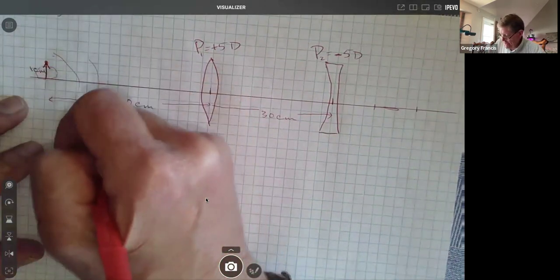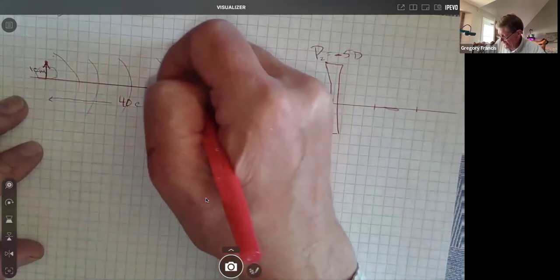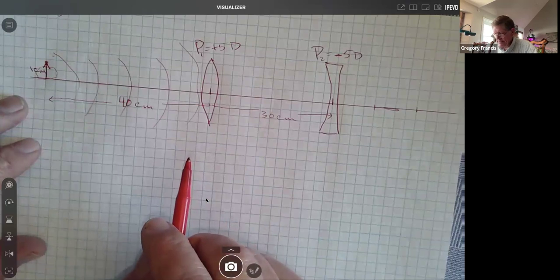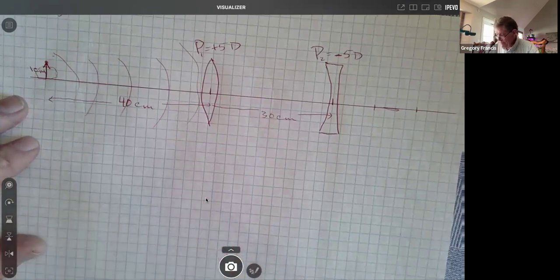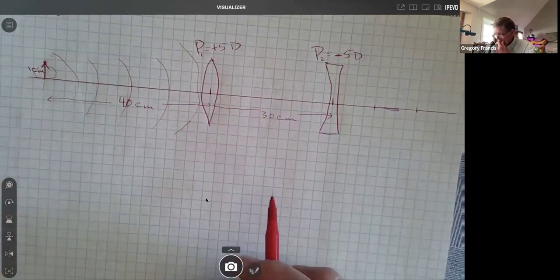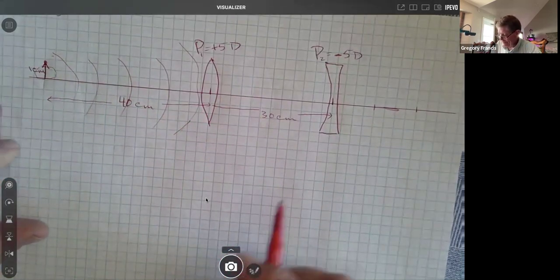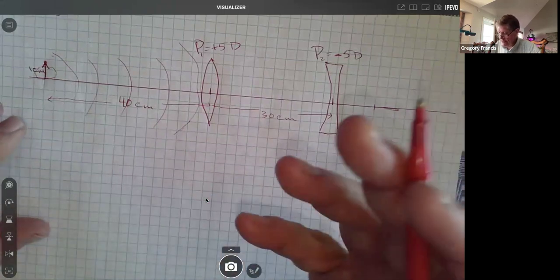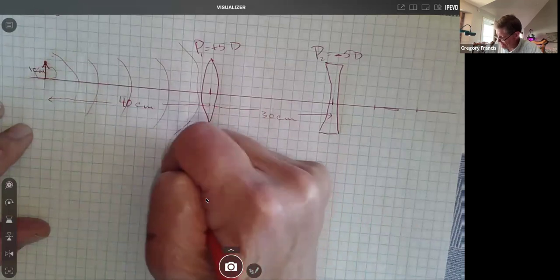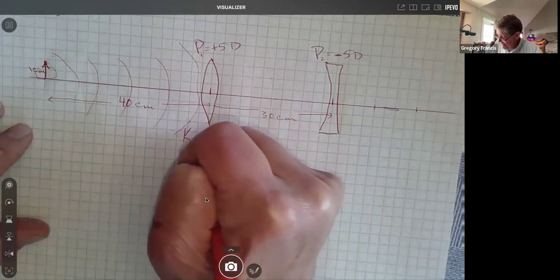And that's going to spread out. And the question is, where does it appear to be coming from? What's the curvature there? Well, no, I misspoke. It appears to be coming from right there. What's the curvature here? Okay.